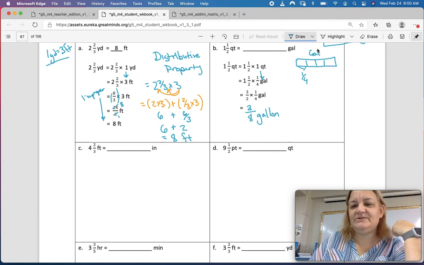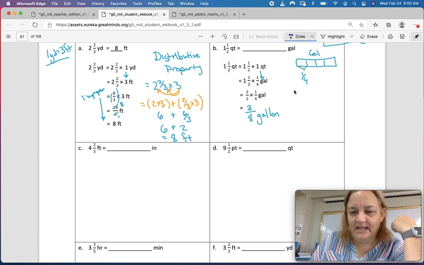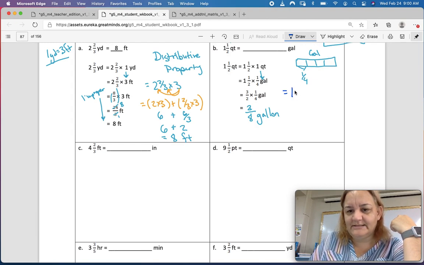Now, if you want to use the distributive property, I'm going to use a different color, that would look like this. So here I'm starting here. 1 times 1/4 plus 1/2 times 1/4, okay, because I took this and I multiplied it by the 1, and then I multiplied it by the half.